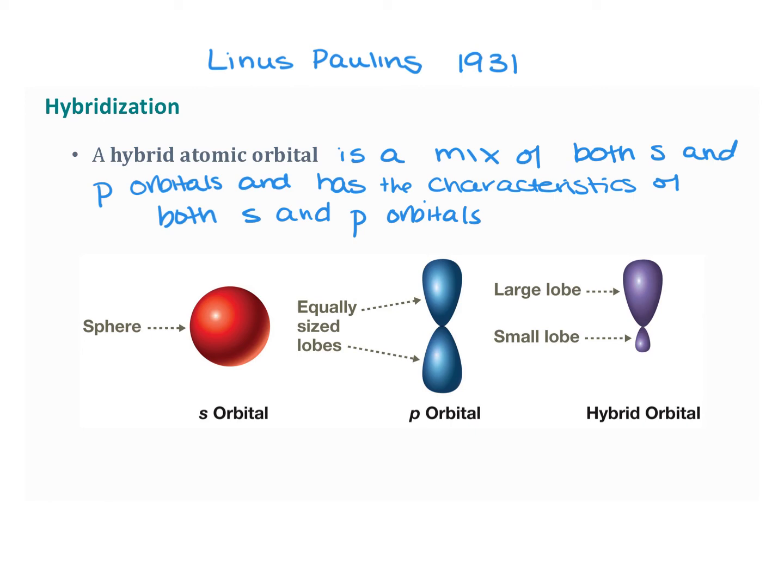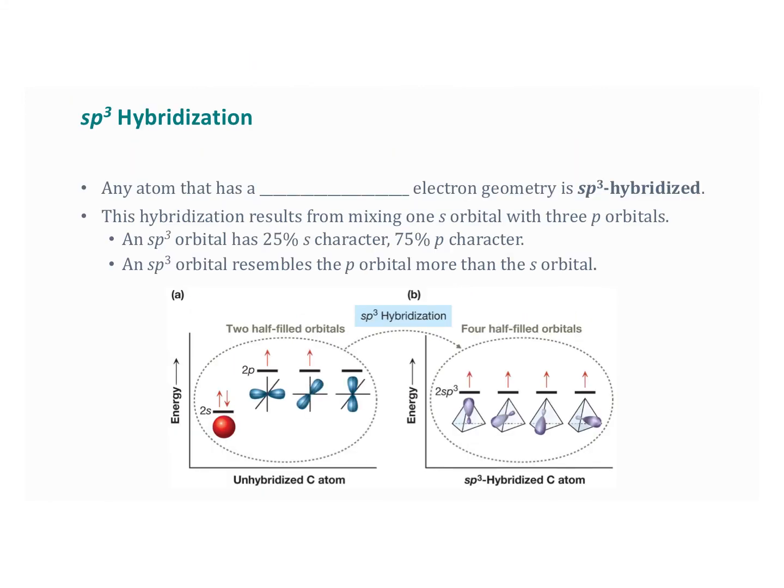In the case of CH4, we consider all 4 of carbon's valence orbitals, the 2s and the 2p mixing together. When the 2s and the 2p mix together, we get something called an sp3 hybrid orbital.